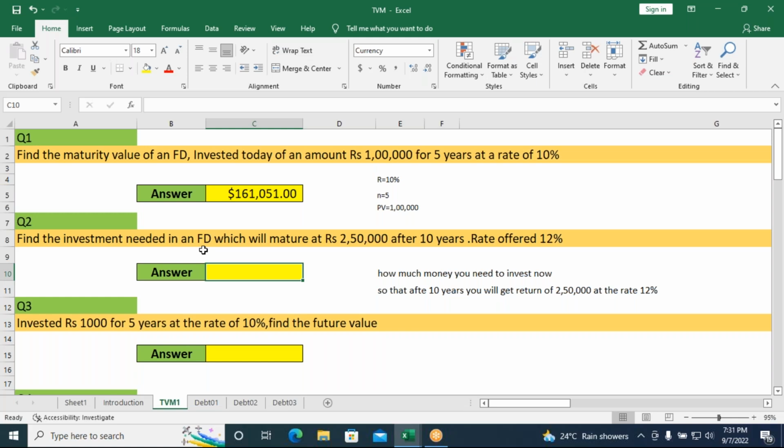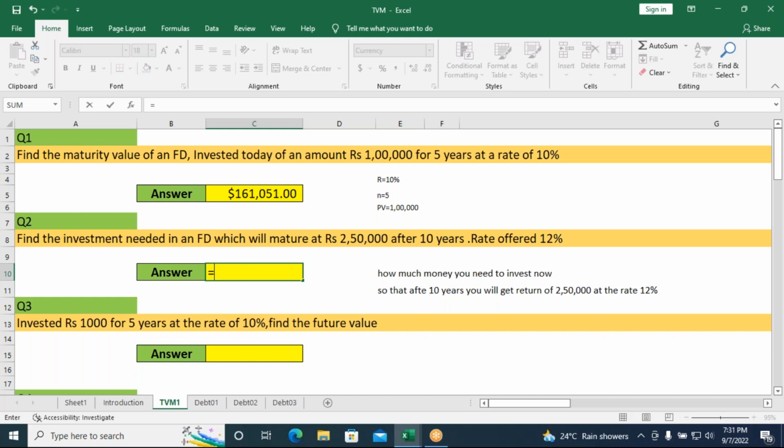So what am I looking for here? Is it a future value or present value? Present value. So present value, very good. So here is equal to PV, that is present value.